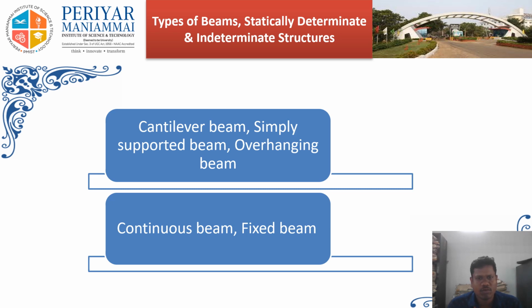Whereas in the second category, statically indeterminate structures, examples are continuous beam and fixed beams. In these structures, the number of unknowns is greater than the number of equilibrium equations formed. So these are the different categories of structures.